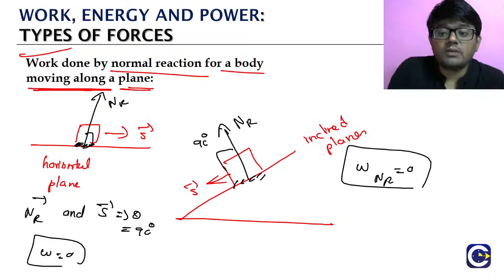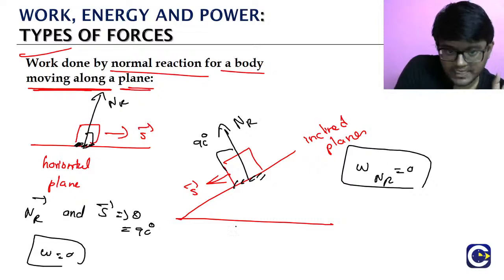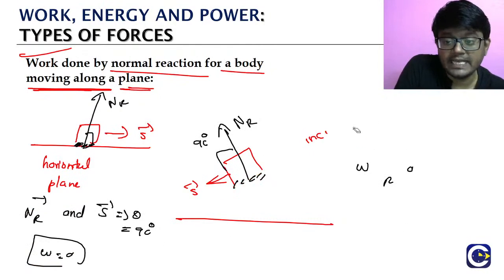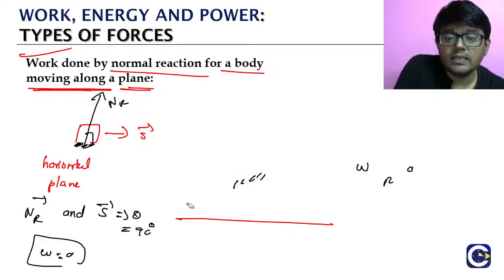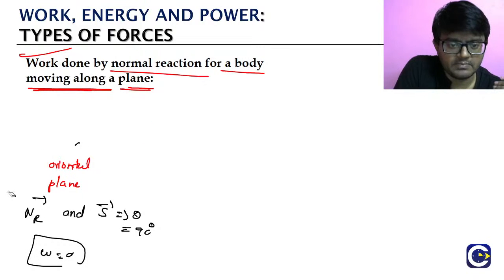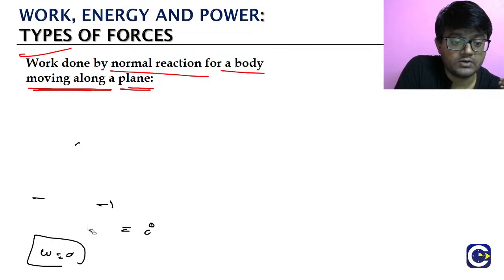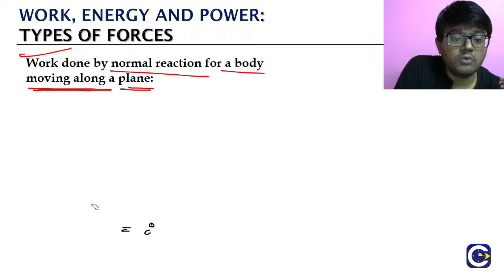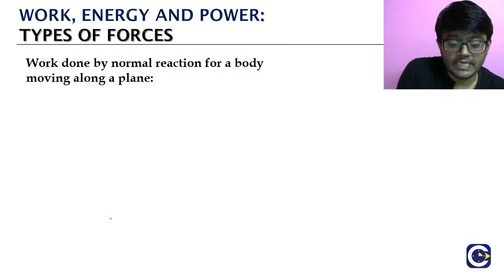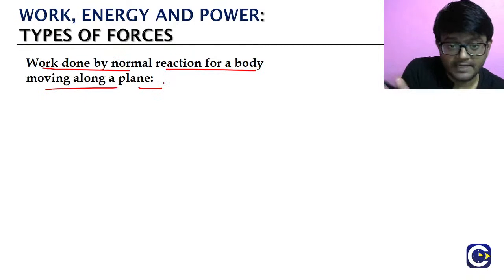But if the movement of the body is not along the contact plane, then work done by the normal reaction will have some other value. I will show a simple example for that. So if we look at the movement of the body which is not along the contact plane.